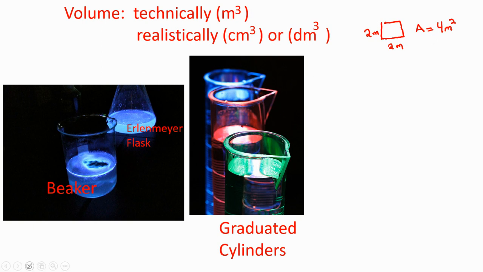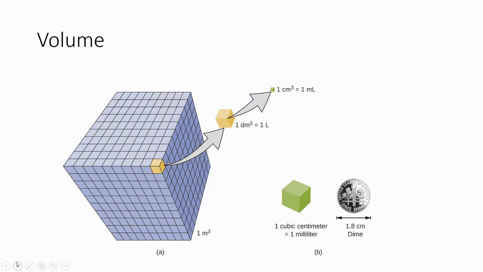It might look something like this picture on the next slide, where I have, let's say, 1 centimeter deep, 1 centimeter long, and 1 centimeter high. And if I calculate that volume, it is 1 times 1 times 1, or 1 centimeter cubed.